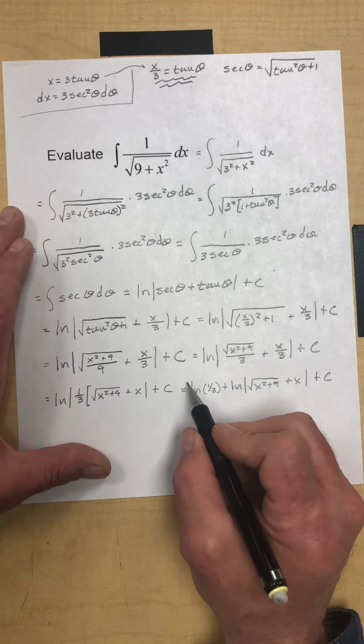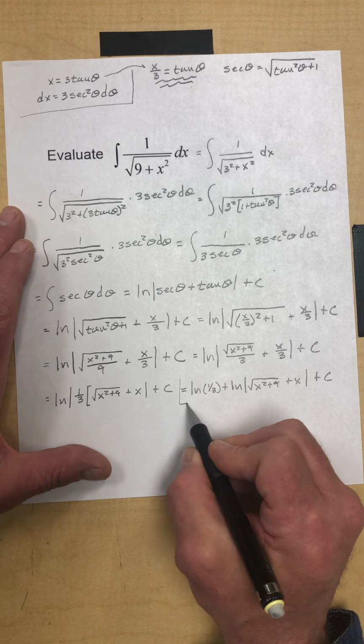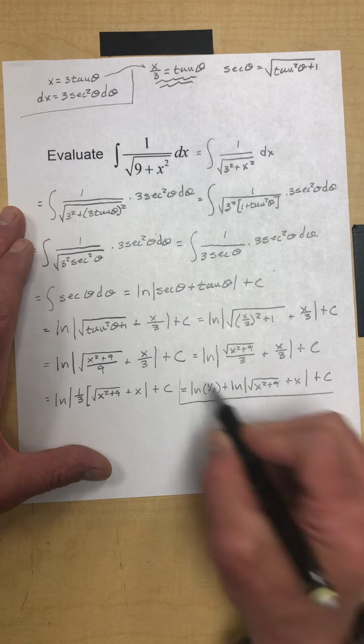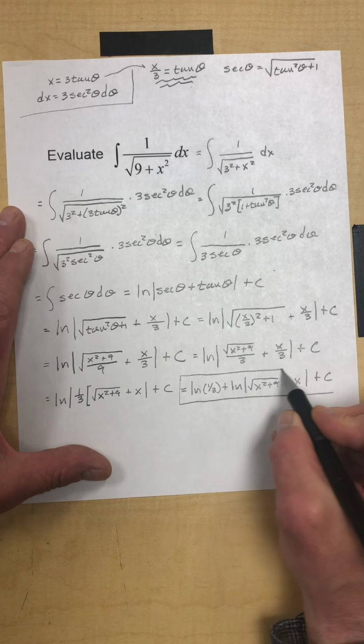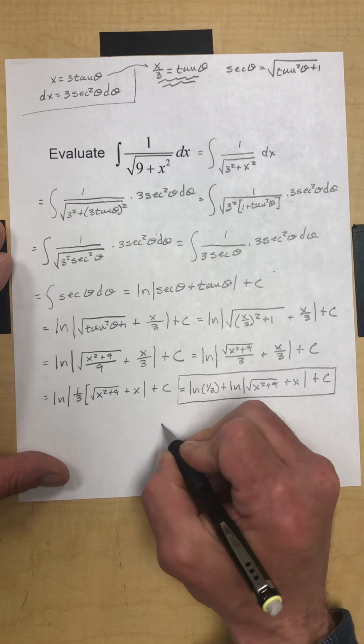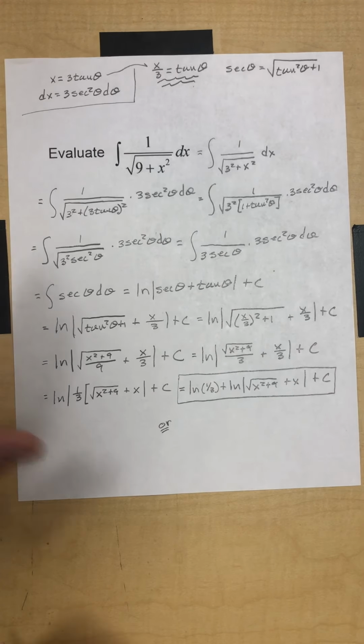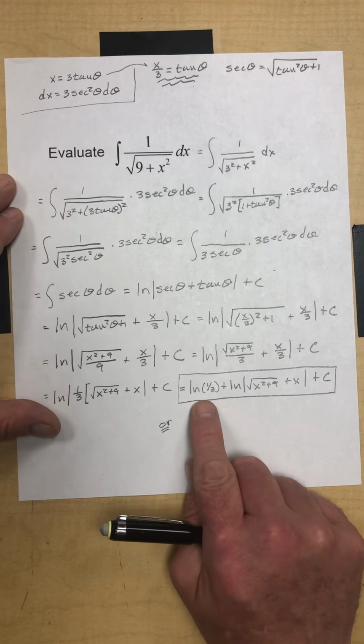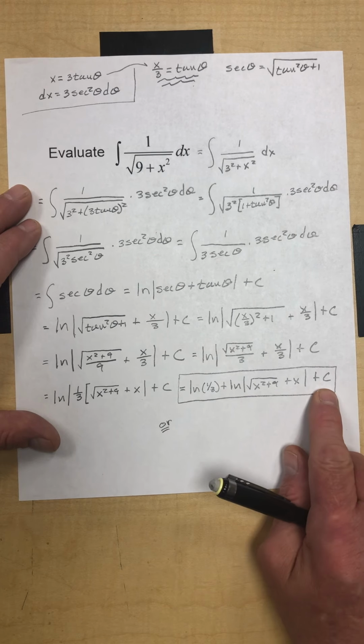Now, some people would say that this is an appropriate answer, and I would agree with them. There's nothing wrong with that answer. But other people would say we could simplify this even more. Here's the reason. This is a constant, and this is a constant.